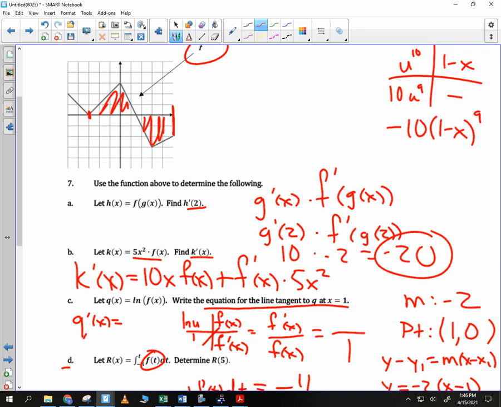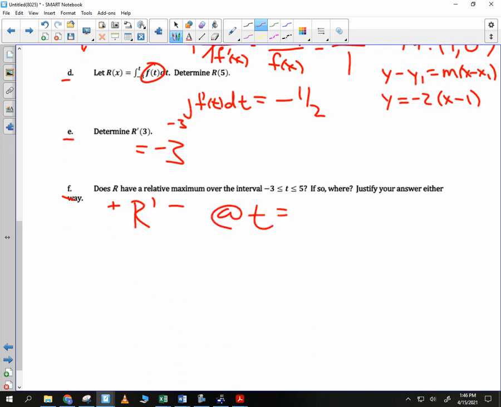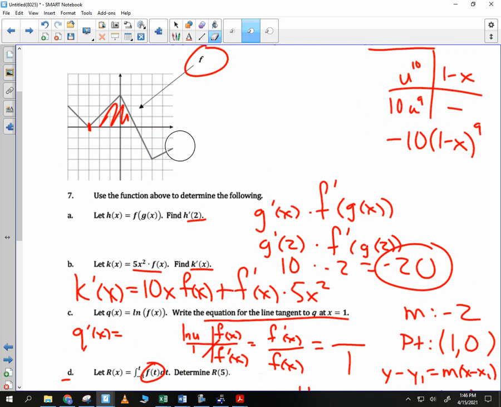At what value? And furthermore, not only does it change sign there, but if you think about it, if r is the area function, wouldn't it agree with everybody that we get to a maximum area there, and then we start to lose area after that? And that's what you're thinking about.